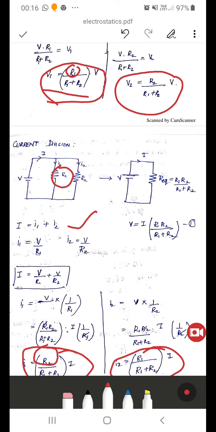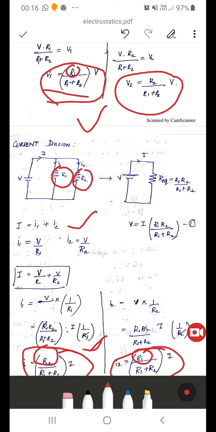Similarly, I2 is the current passing through the resistance R2, but R1 is the numerator. Both these formulas, the current division formula and the voltage division formula, are exact opposites of each other.